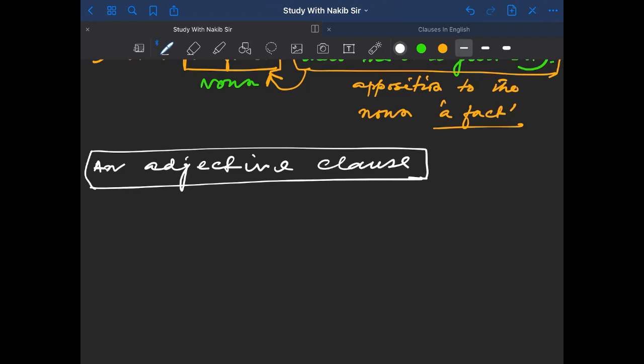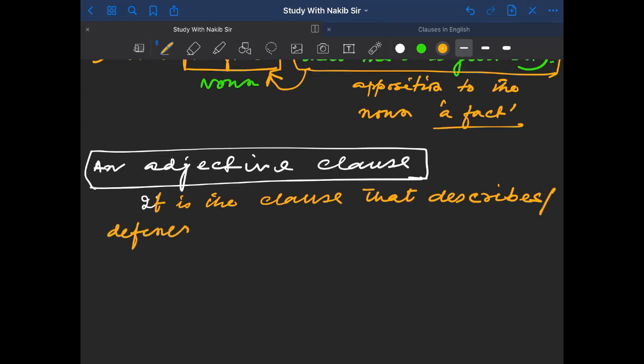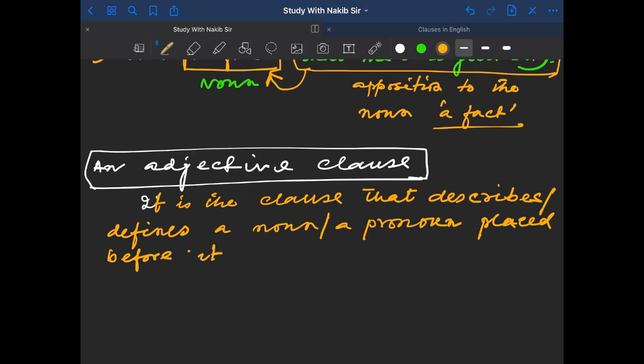It is the clause that describes or defines a noun or a pronoun placed before it. It is called its antecedent.